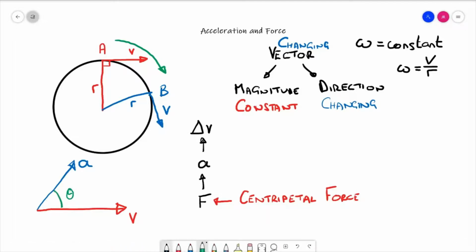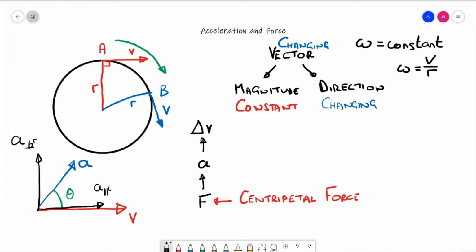Going back to last year, we know full well that as soon as we have a vector acting at a weird angle compared to another vector, we want to split that down into two components. We want to split that down into a component acting perpendicular, and a component acting parallel.